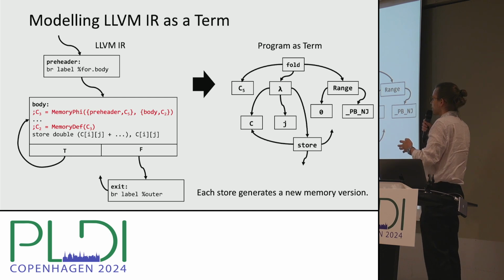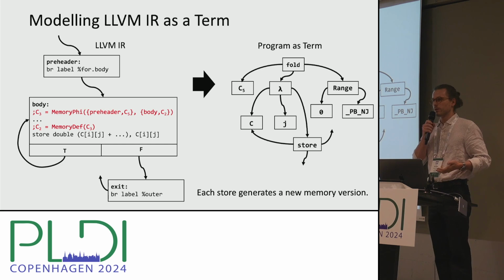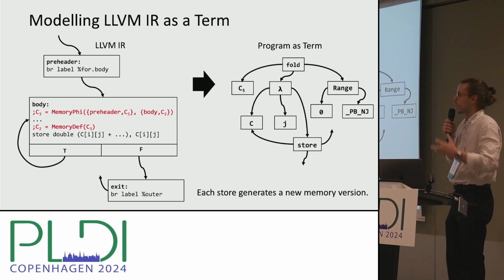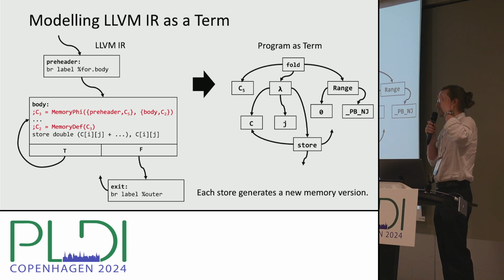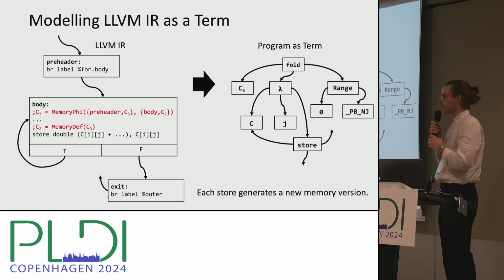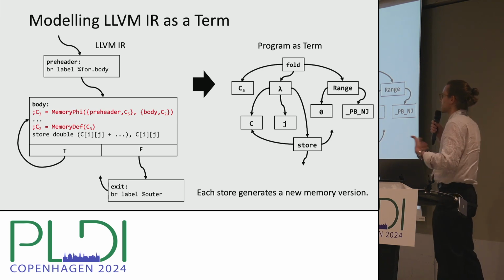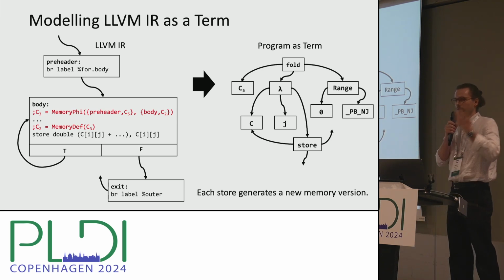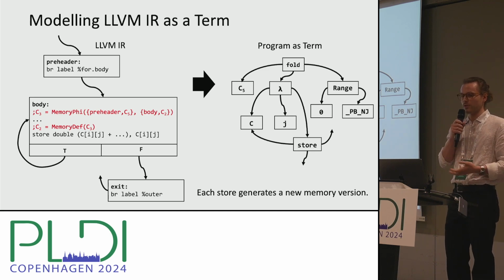You can think of the memory def as taking C3's version, so like version 3 of C, and returning version 2 of C. So now we can augment all of these memory stores, imagining that maybe they have an extra implicit argument and an extra return value, which is the memory version. So now let's imagine that this store instruction is additionally taking memory version 3 and returning memory version 2. And that gives us a handle that we can use to refer to it inside of a term.